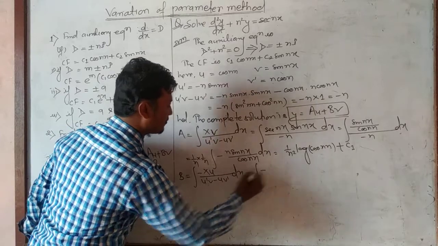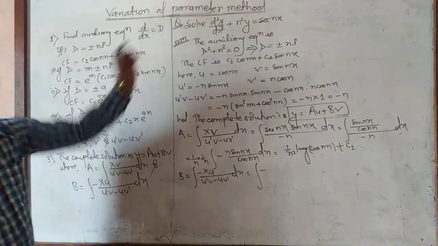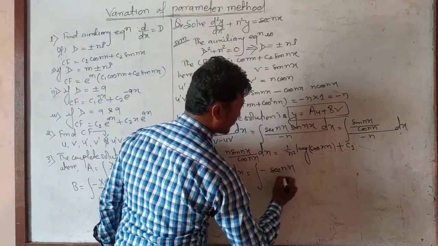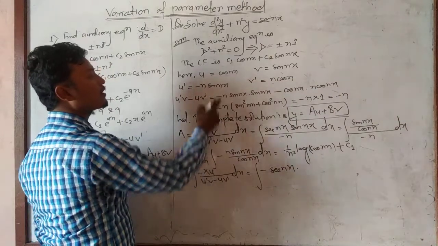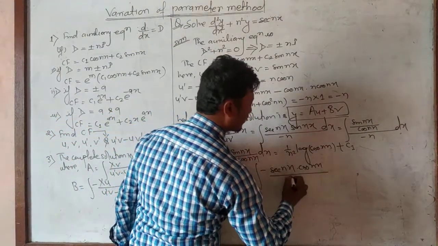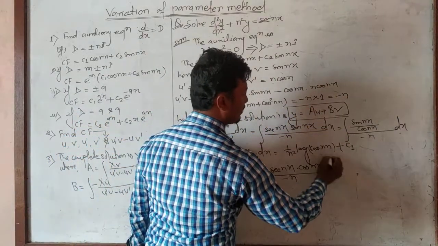So here the value of x is sec nx, into u, which is cos nx, upon minus n, because its value is minus n here, and dx.